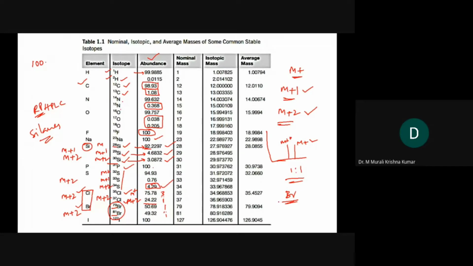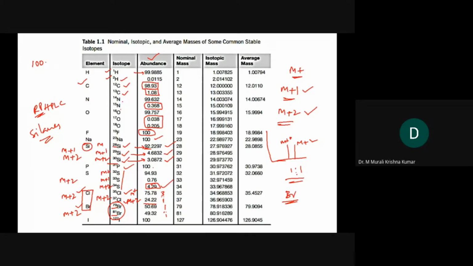So that is the application as far as M plus 1 and M plus 2 ions are concerned. They will clearly indicate the presence of certain elements. If both M plus and M plus 2 ions are there, and both are in 1:1 ratio, it indicates that bromine is there.